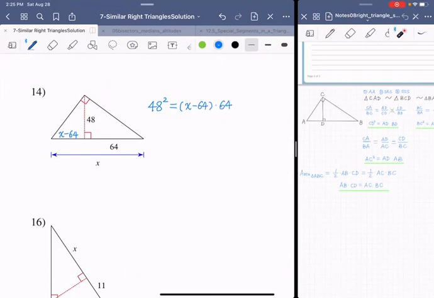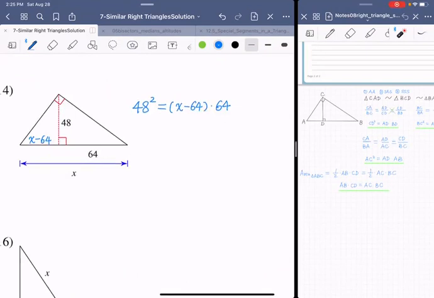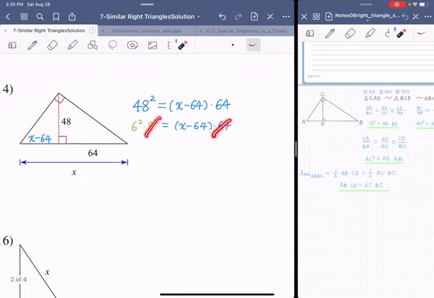And now let's simplify. 48 squared can be read as 6 squared times 8 squared, right? Okay. And then does this 2 cancel? Yeah.